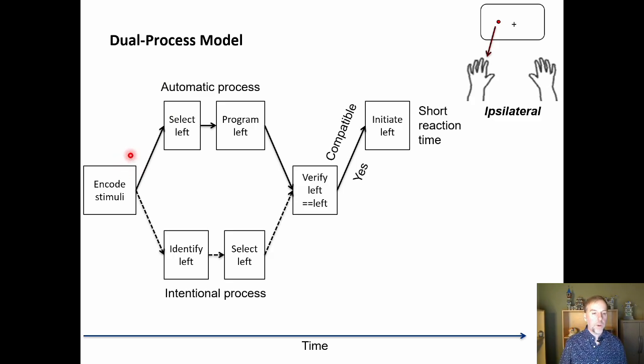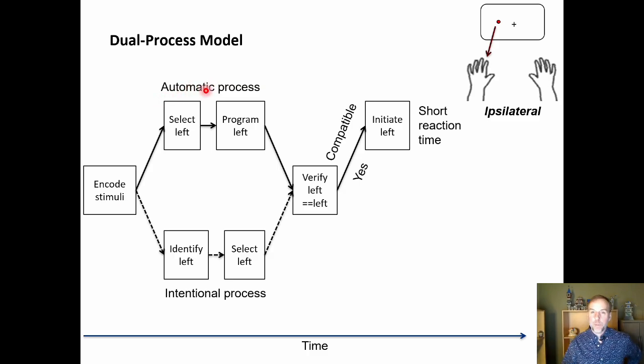Well, the model says there's some initial stimulus identification, and then very quickly it branches into dual processing, so parallel processing, if you will. The information of the stimuli is sent to 2 different areas of the brain, and each processes the situation independently. One process we call the automatic process, the other we call the intentional process, and that will make more sense in a moment.